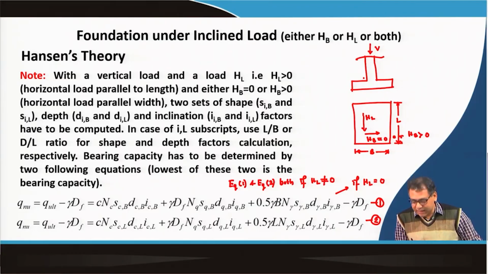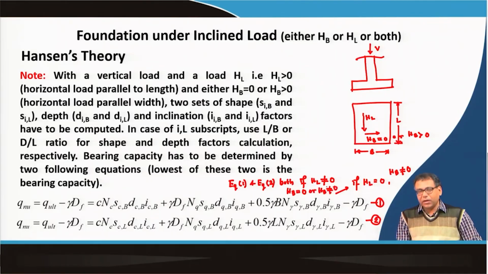Okay, that means H L is there. H B can be 0 or there can be H B also. So here, one case is H L equal to 0 and H B not equal to 0. Another case, we have to use equation 1 and 2 if H L is not equal to 0, but H B can be 0 or H B can be not equal to 0 also. So that means, there are three cases.